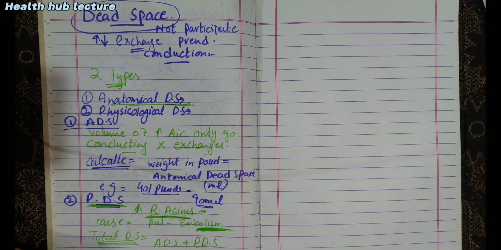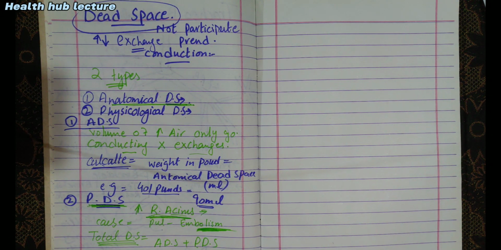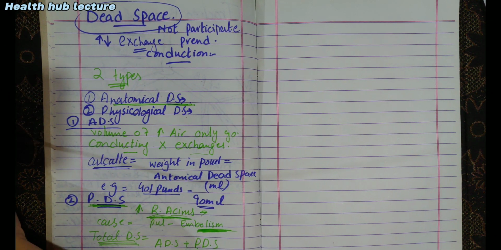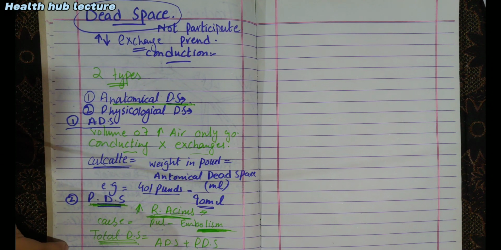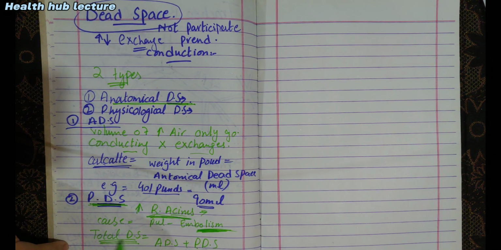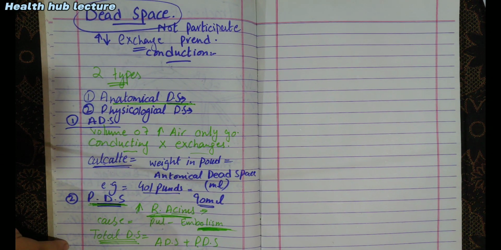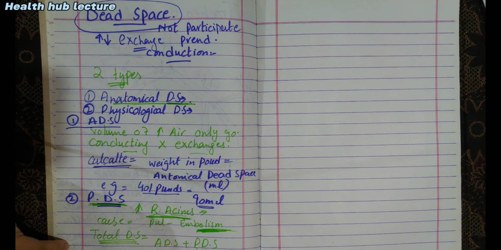Okay, this one. And proportional to the total dead space will be equal to the anatomical dead space plus the physiological dead space.